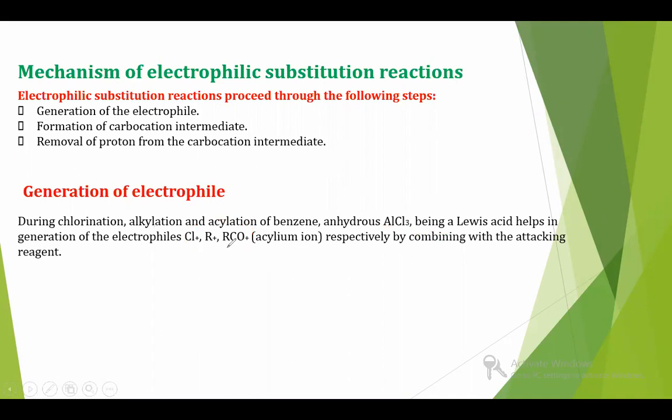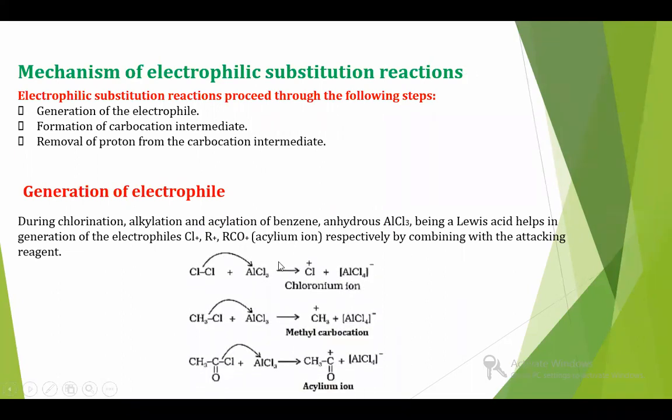These positive charges combine with the attacking reagent to give the product. First, generation of the electrophile. We'll see an example: Cl2 with anhydrous aluminum chloride, AlCl3. In Cl2, there is a bond between Cl and Cl.